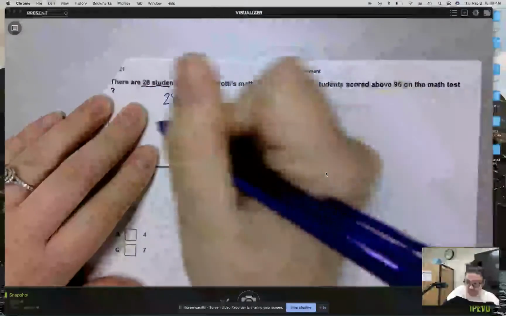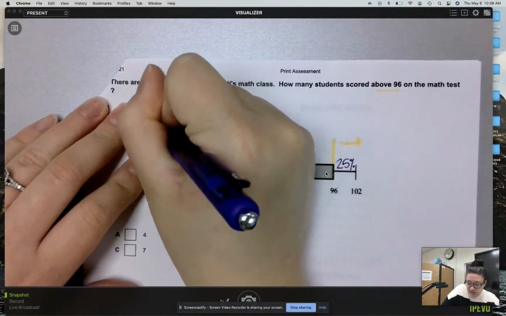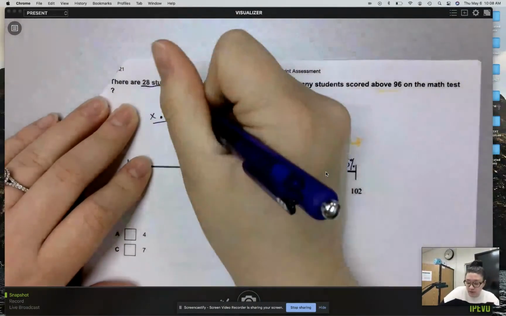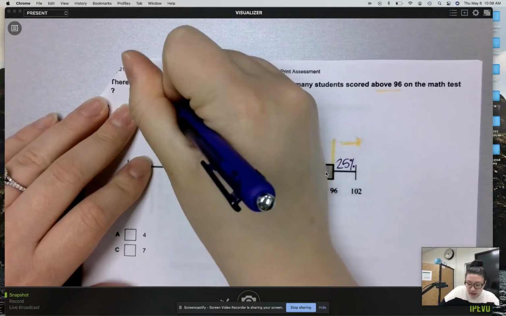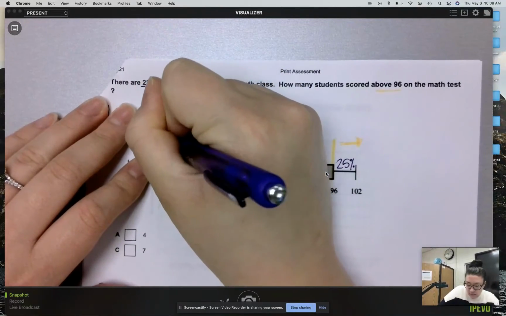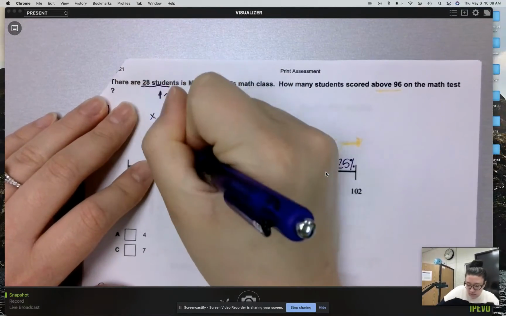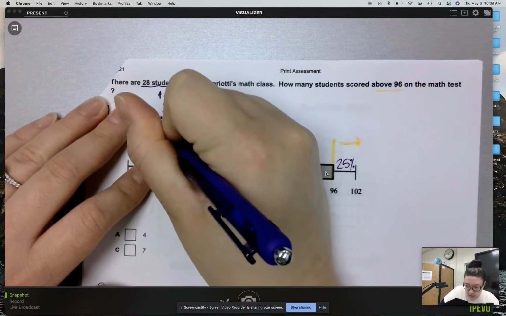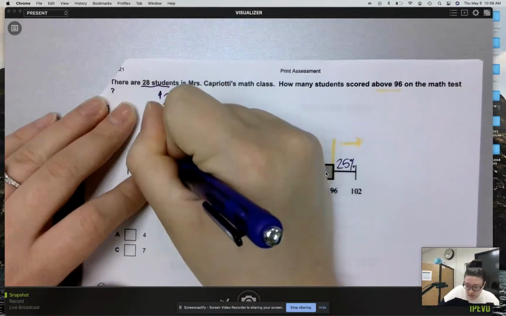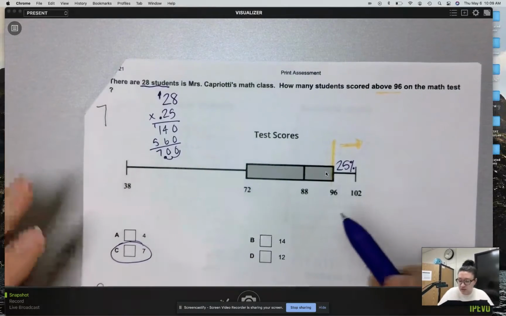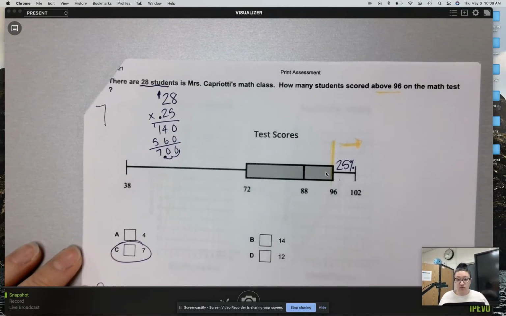So I could take 28 times 25%, which in decimal form is 0.25, and I multiply, move my decimal, and I would get 7 students scored between 96 and 102.